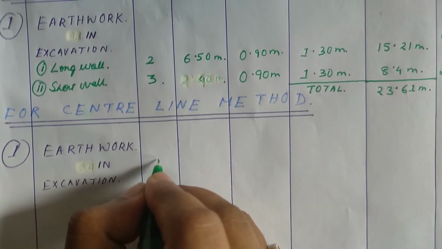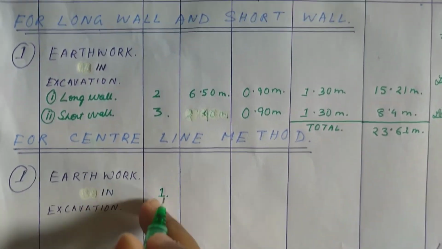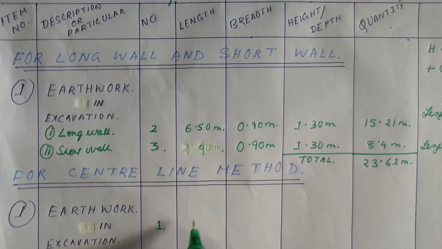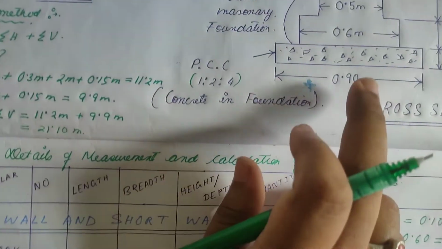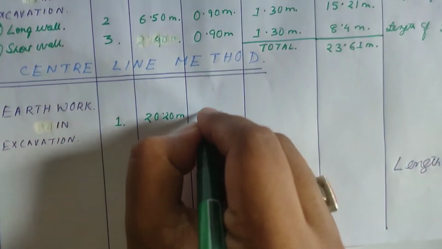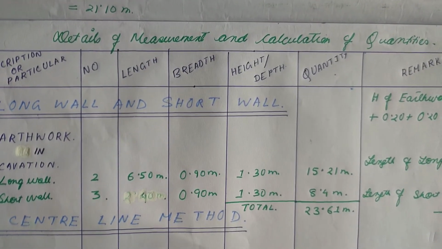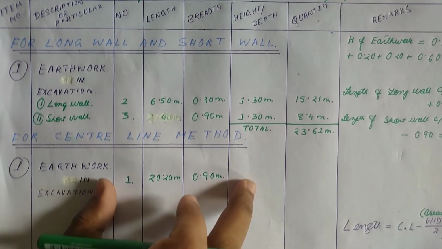So only one in the number section, then length will be 20.20 meter, this one, then breadth 0.90, then height will be the same.